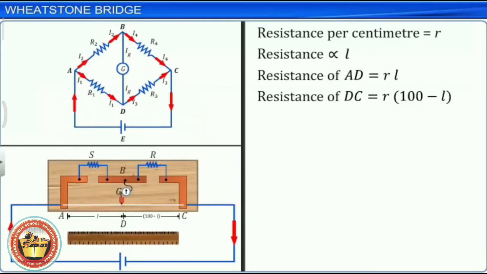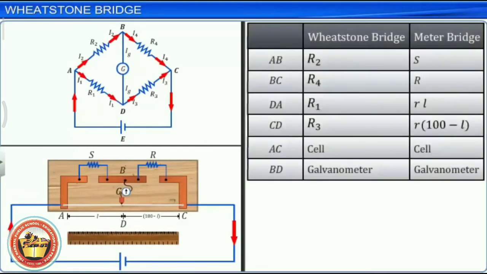From the balancing condition of the Wheatstone bridge, P by Q is equal to R by L. By comparing with the Wheatstone bridge, here AB in the meter bridge is resistance S, which is analogous to R2. BC is R4, which is analogous to R. DA is R1, and in the meter bridge it is resistance into length, we can take only L, and CD is R3, and here it is R into 100 minus L.